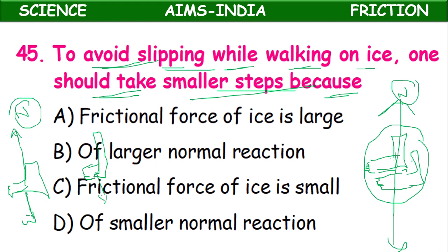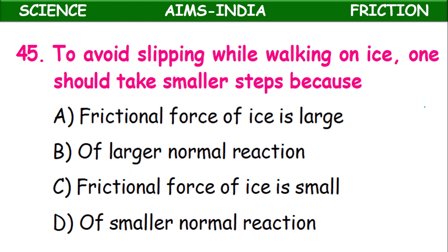So if you take steps close together, more normal reaction will be created. Because of more normal reaction, more friction will be created, and you cannot slip down. So the answer is larger normal reaction. Because of larger normal reaction, you will take smaller steps.